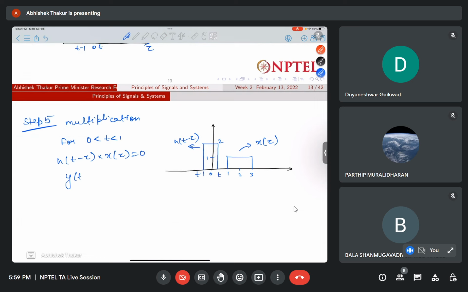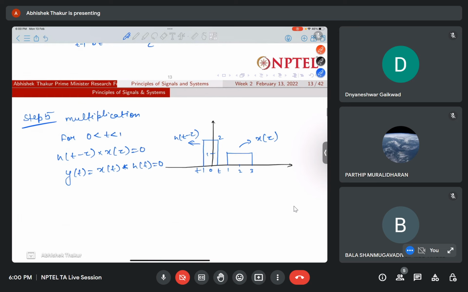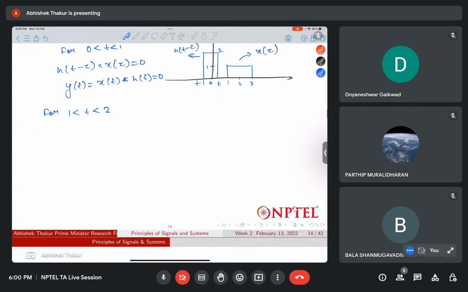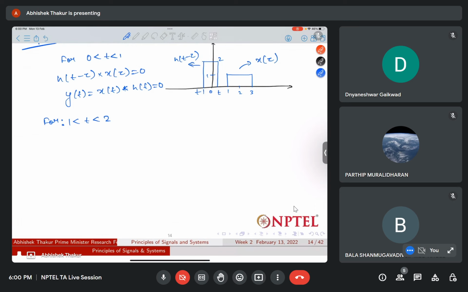Therefore, yt is equal to xt convolution ht, which is equal to 0. Understood? Now we will shift the value of t from 1 to 2, that is, t greater than 1 and less than 2.